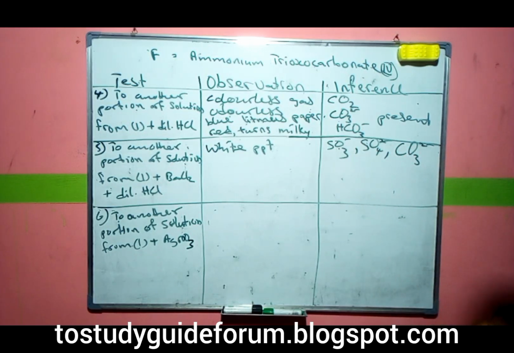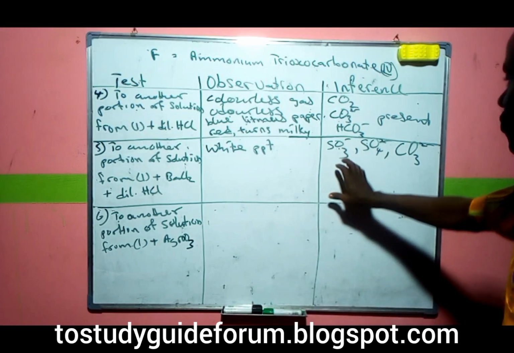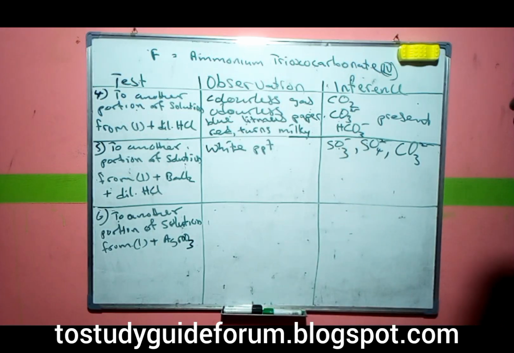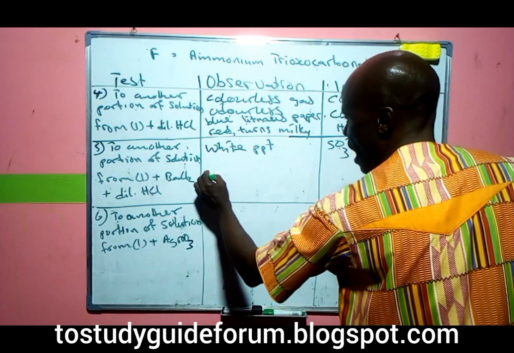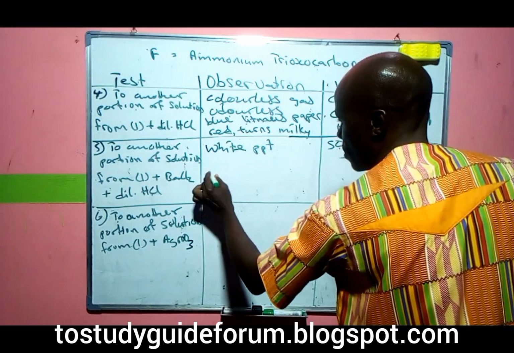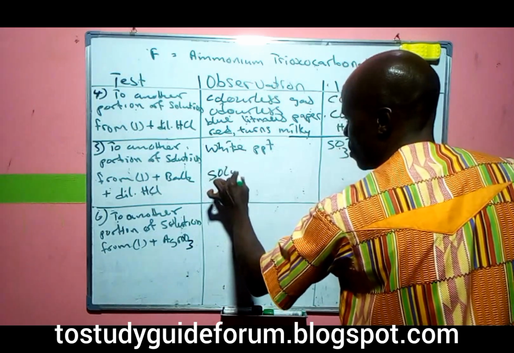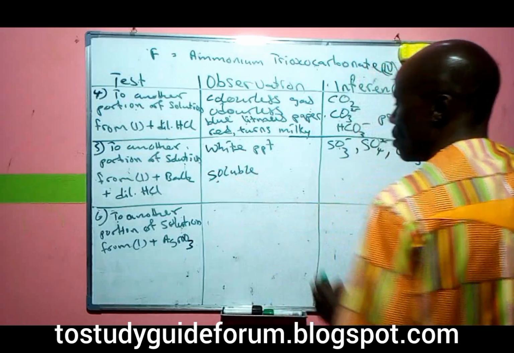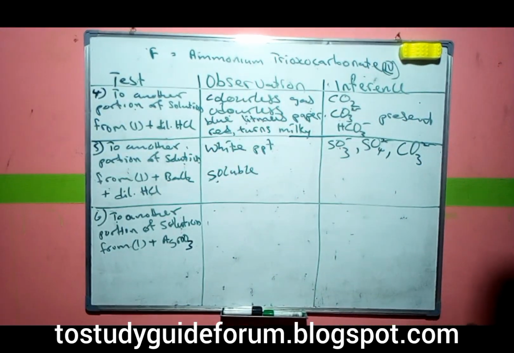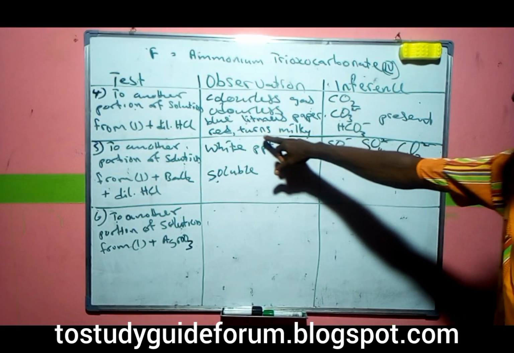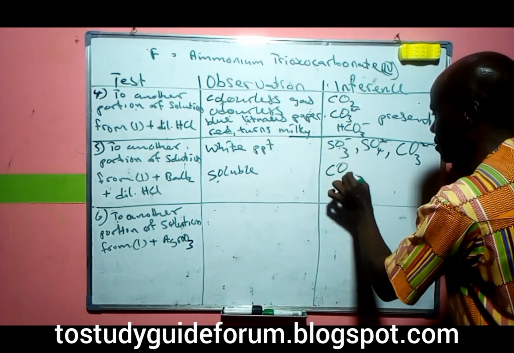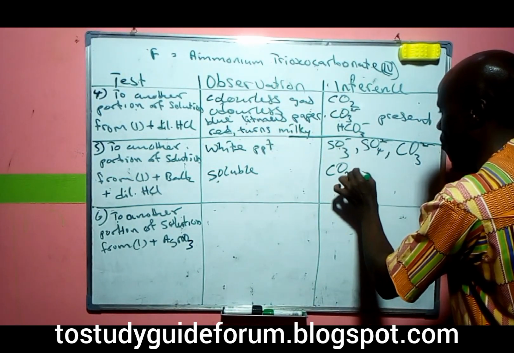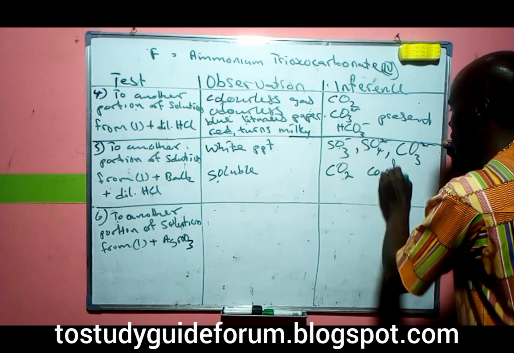That is what it indicates because barium chloride will always form a white precipitate with any of these. Then by adding dilute hydrochloric acid, the precipitate is soluble. Because it's soluble, and we have already noticed that the gas turned lime water milky, no other gas than carbon 4 oxide is confirmed.